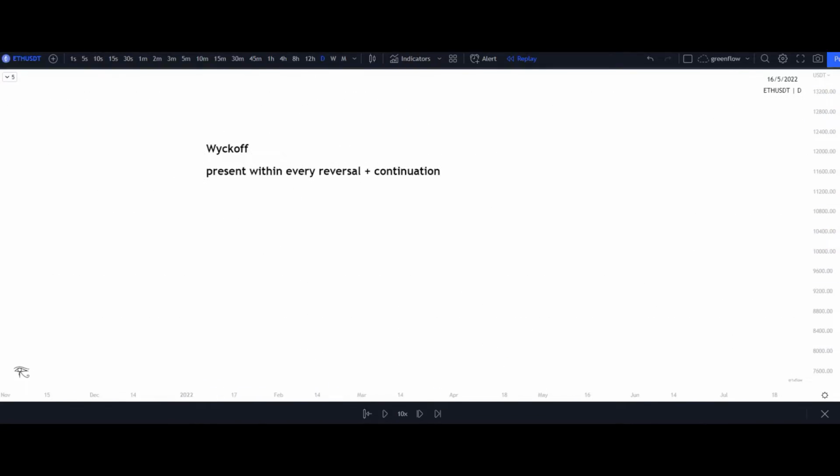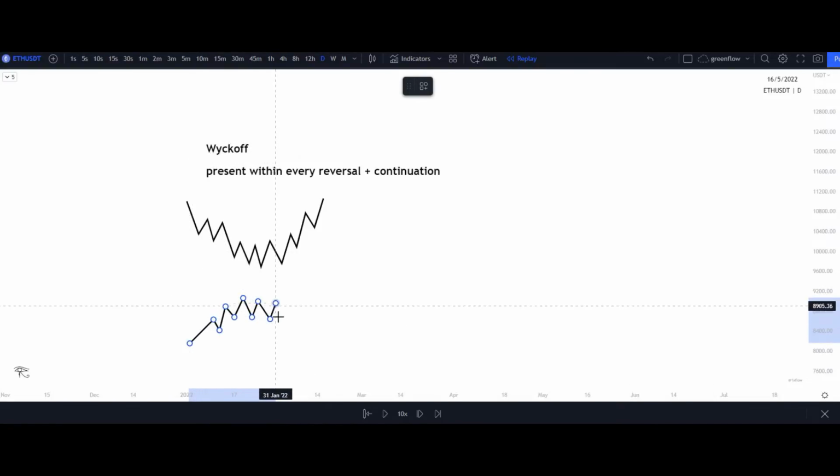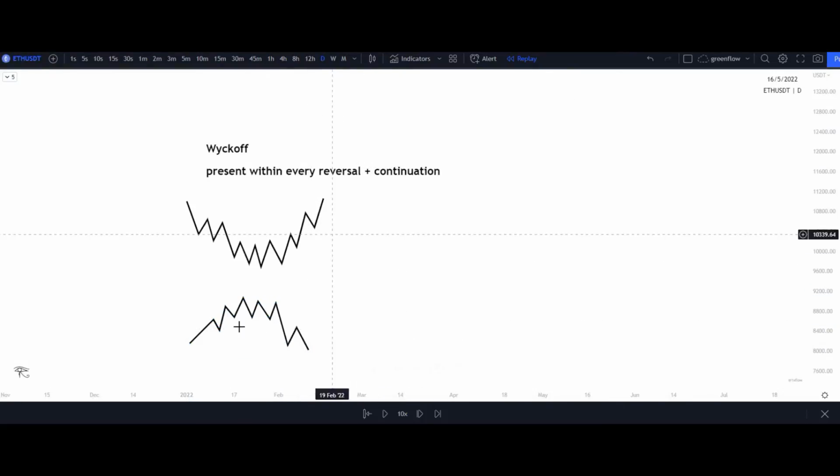Let's just draw it out like this. For your accumulation, those are those bottoms. For your distribution, it's going to be those tops. And then for your reaccumulation, it is going to be the continuation of that bullish trend that has occurred.